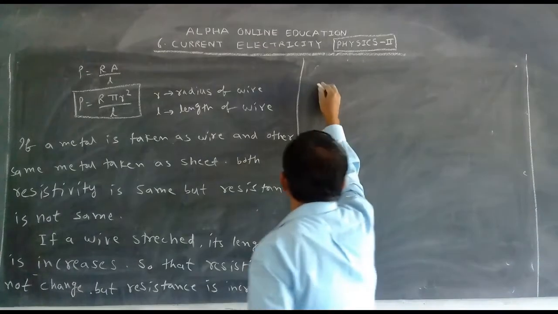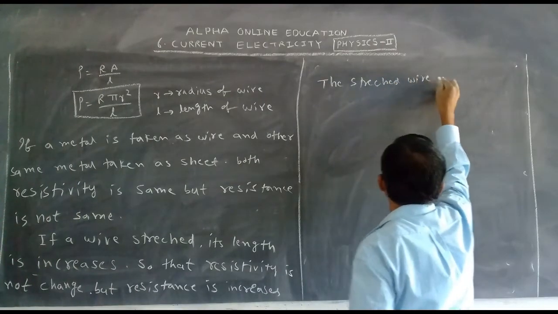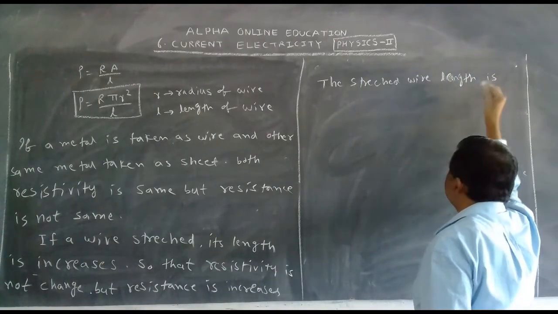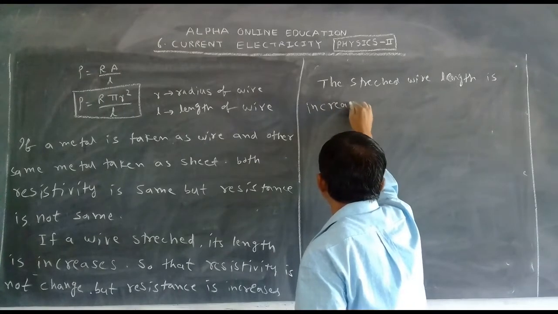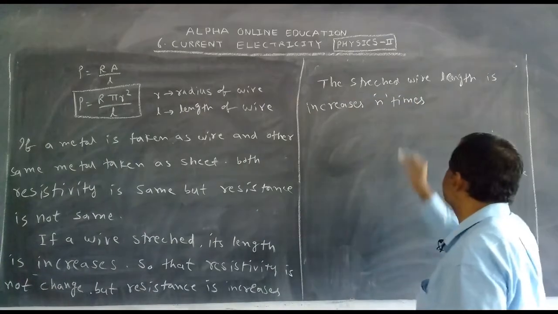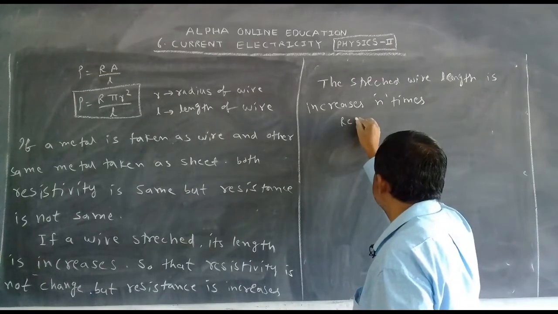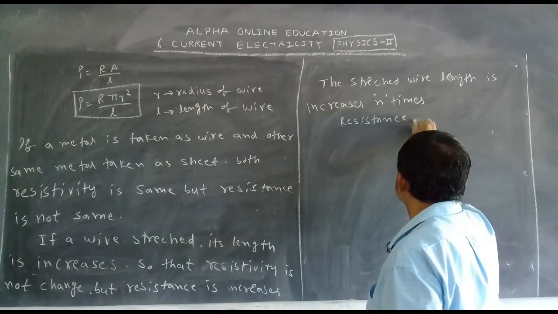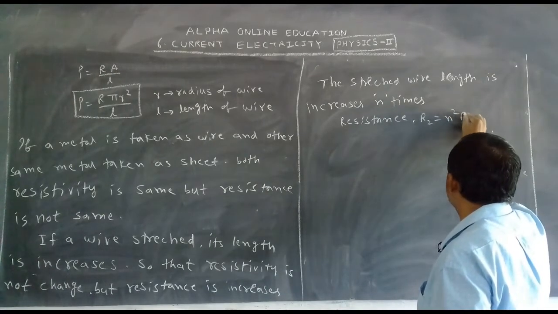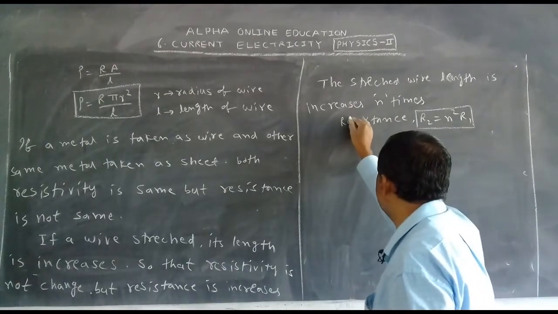Next one, the stretched wire. If the stretched wire length increases n times, the resistance R2 is equal to n square R1.